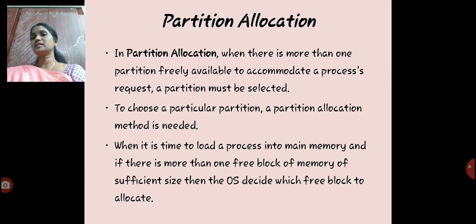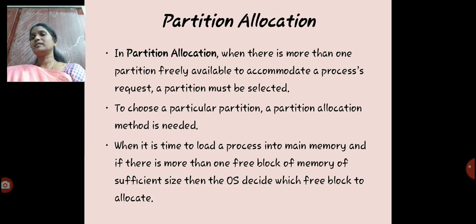So first is partition allocation. What is partition allocation? The whole memory is divided into different partitions of different sizes. So no need to complicate it. That is a partition. When many partitions are available and one or more processes request memory, the memory partitions can be given to the requesting processes.